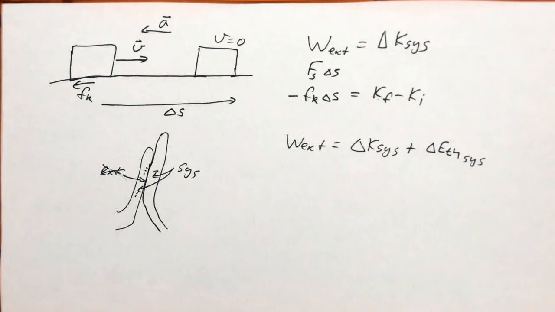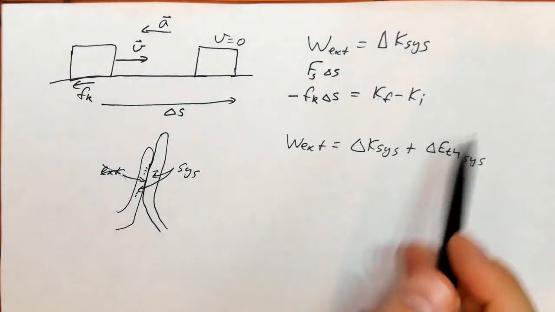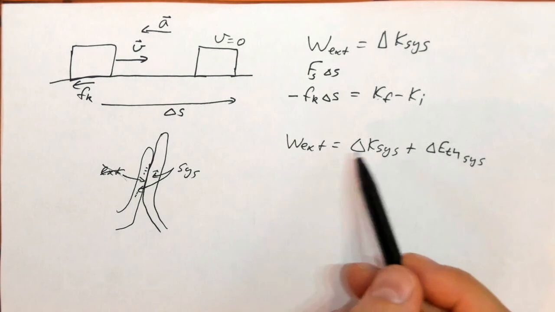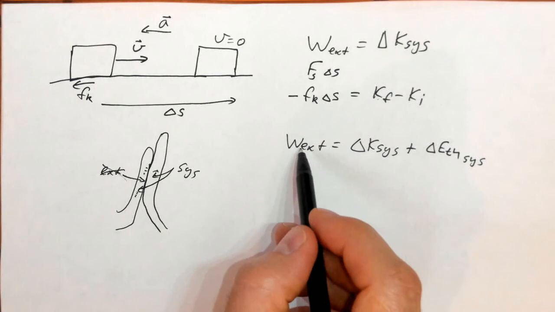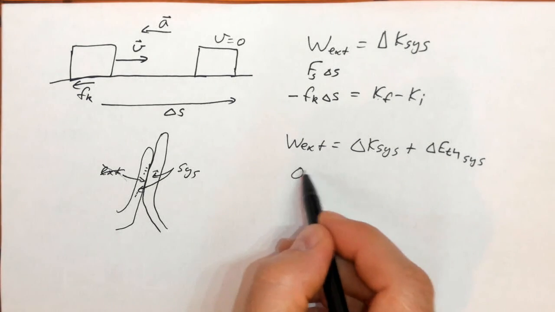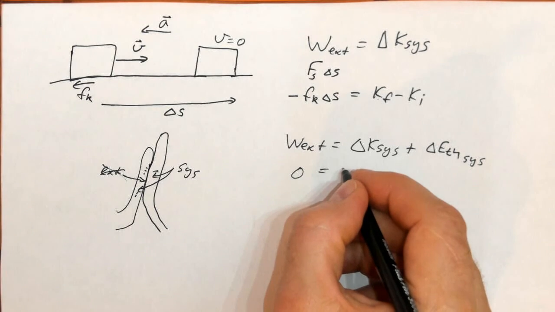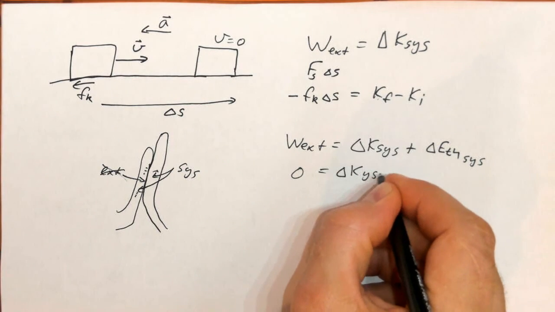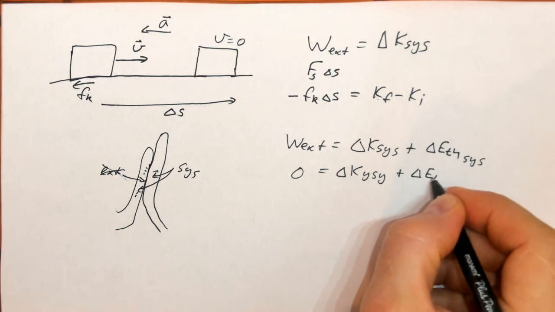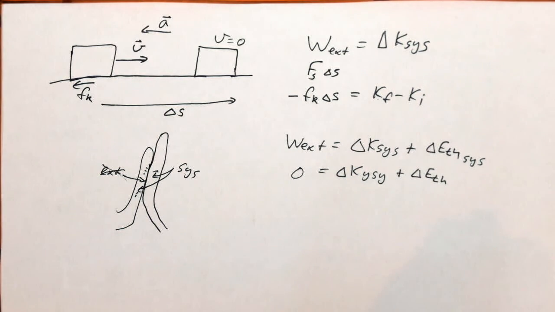This thermal energy will grow in my system if there's any friction. So friction's not over here anymore, it's on this side. In this case, we'd have 0 equals delta K of my system plus delta E thermal of my system.